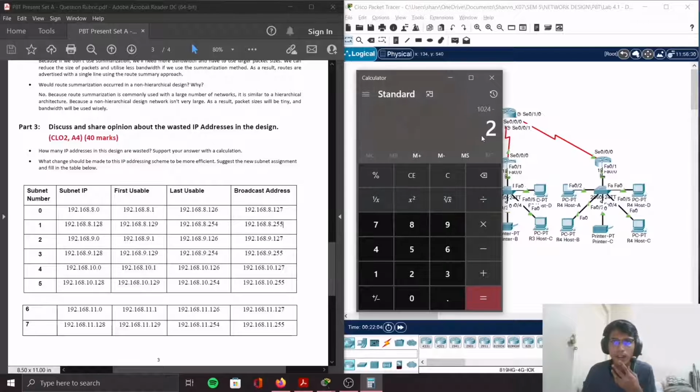Every time we calculate hosts we have to subtract 2 because of that.